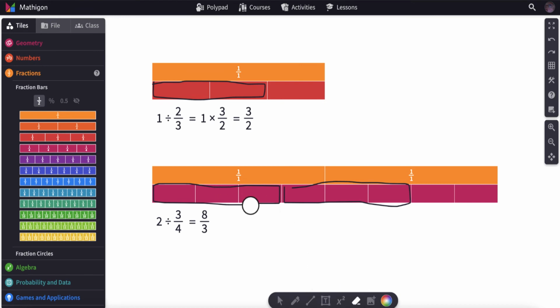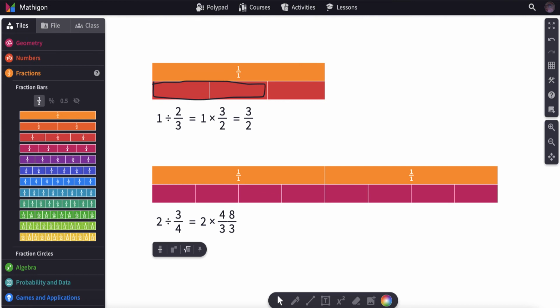So let's get rid of these designations here, because now we're trying to figure out where the 2 times 4/3 comes from. And so again, we are using that 2 as the proportional value of our original piece that we divided into.